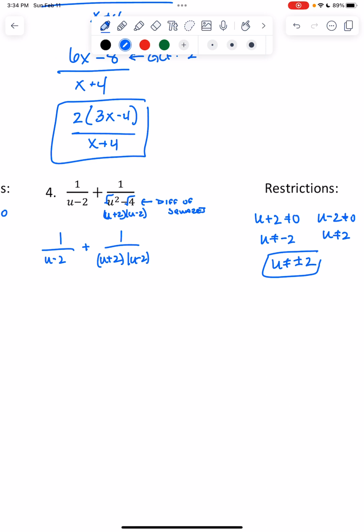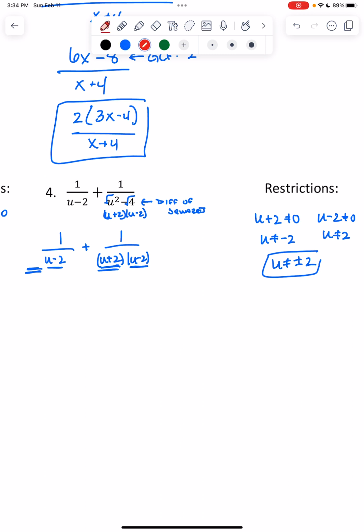There's our restrictions. So now we need a common denominator in order to add these. If we look at the denominators, the first denominator has a u minus 2. The second one has a u minus 2 and also a u plus 2. So this guy also needs a u plus 2.